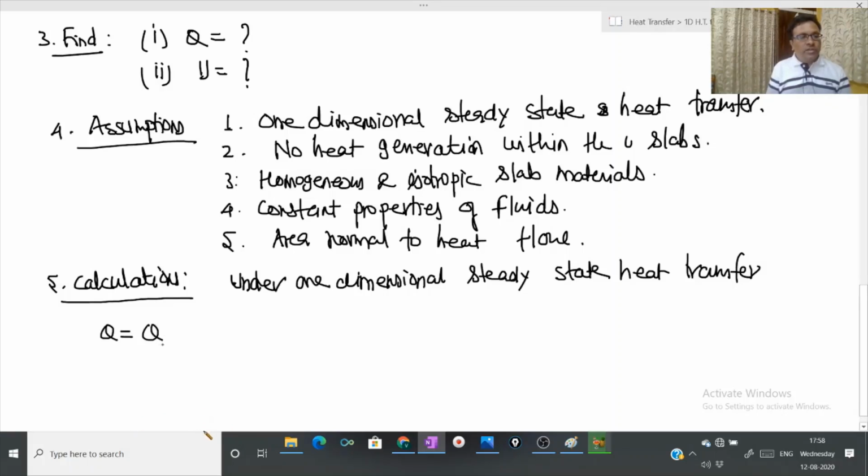the rate of heat transfer from hot fluid to the left face of the insulating material will be equal to the rate of heat transfer from the left face of the insulating material to the interface between insulating material and fire brick, will be equal to the rate of heat transfer from interface 1 2 to the interface 2 3.